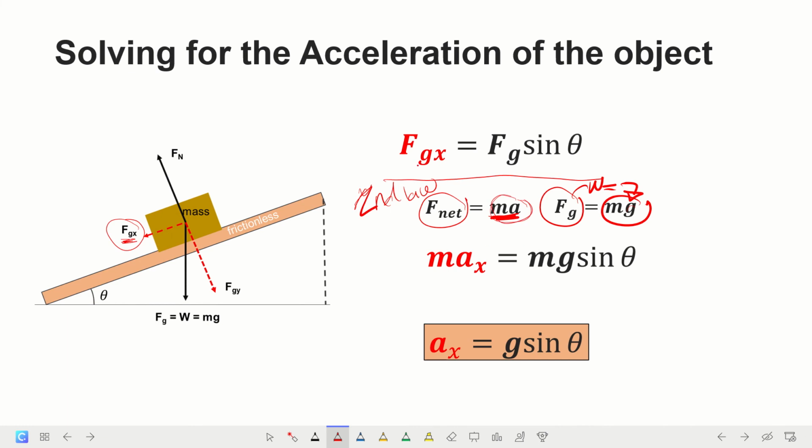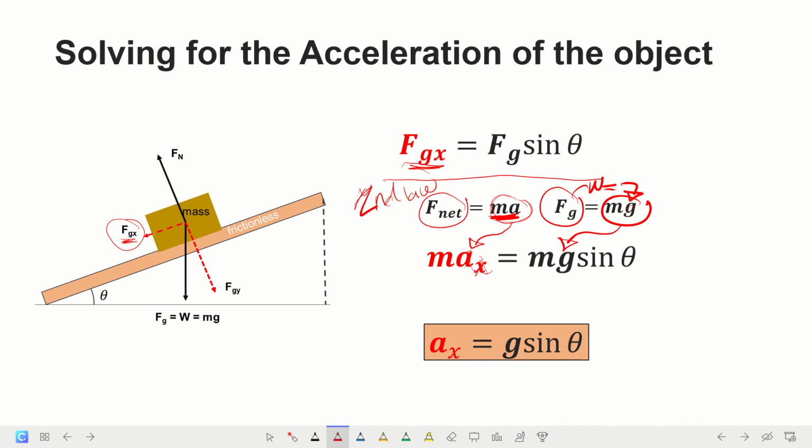In F_g of x, since we're looking for the acceleration along the incline, we are going to include here that this is the acceleration along the x-axis. So mass times the acceleration on the x-axis is equal to mass times the acceleration due to gravity times sine theta. So we have equated them just by substituting.